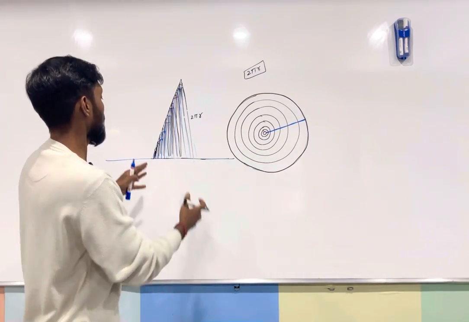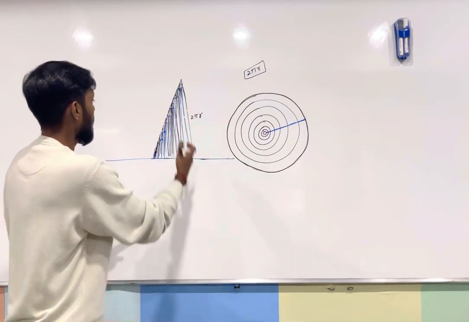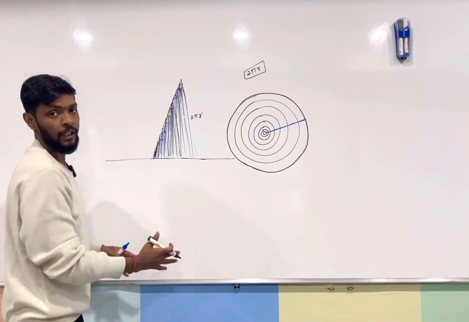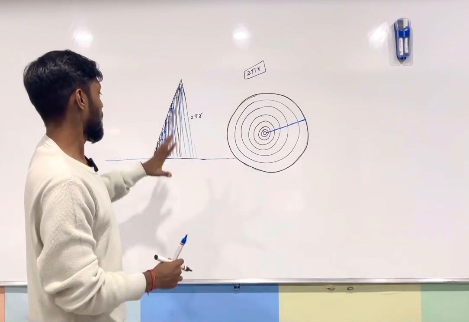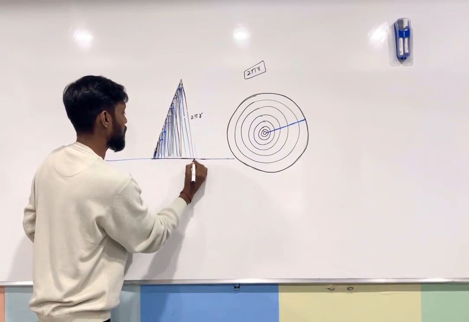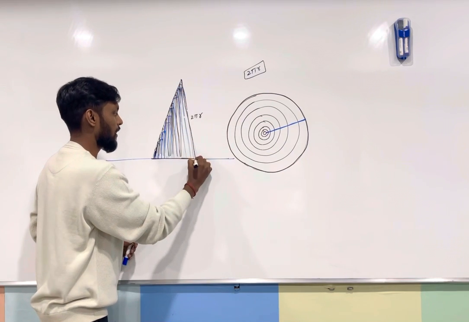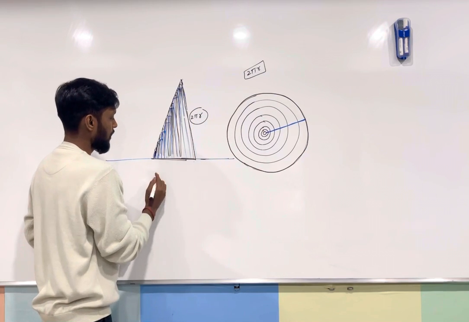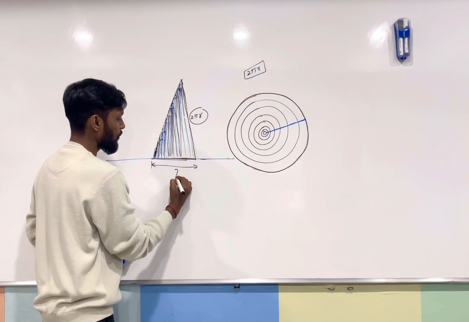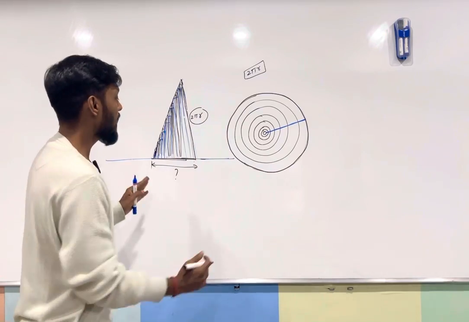Okay, so there were infinite rings. Now there are infinite straight wires, and obviously if you place infinite wires like that on a table, it will look like this. Eventually they will form a right angle triangle. The length of this height is 2 pi r. If I ask you what will be the length of this thing, where has it come from?